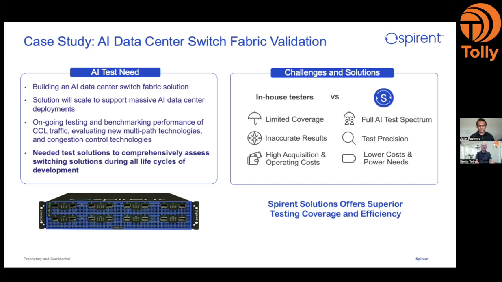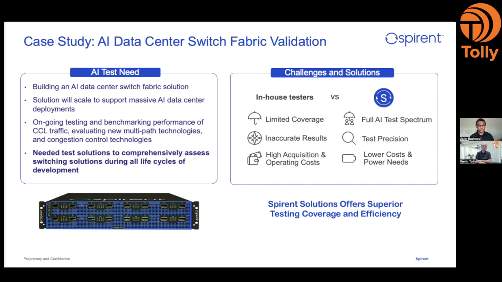So I'm going to give you an example of a customer of ours who needed to run scale tests across a layered fabric and analyze the test results, which was difficult for them because they were also debugging the fabric and trying to find where the problem in their fabric lay.